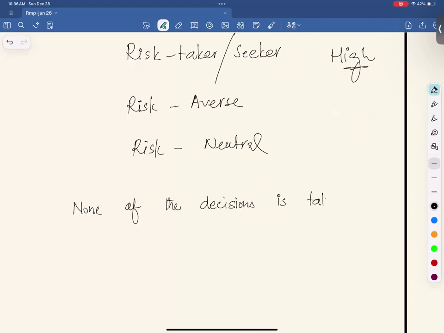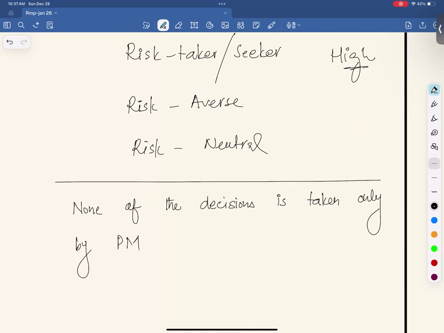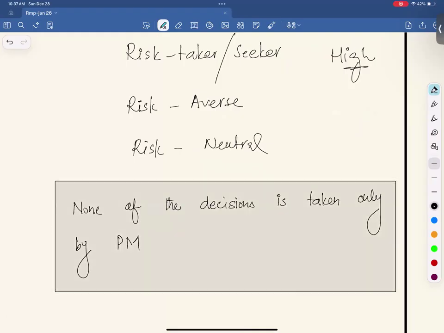Yeah, go ahead. So in my experience, in a lot of these risk sessions, the final call is by the project manager or the proponent side. They say, okay, yes, we can take this risk.